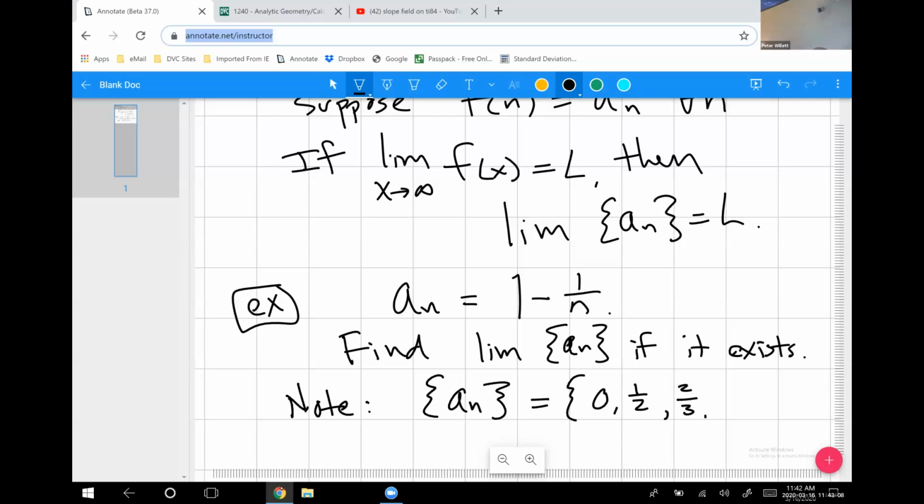When n is a 4, 1 minus 1/4 is 3/4. When n is a 5th, 1 minus 1/5 is 4/5. And then I'm going to write dot, dot, dot. So this is just to try to help visualize and understand what the sequence is.